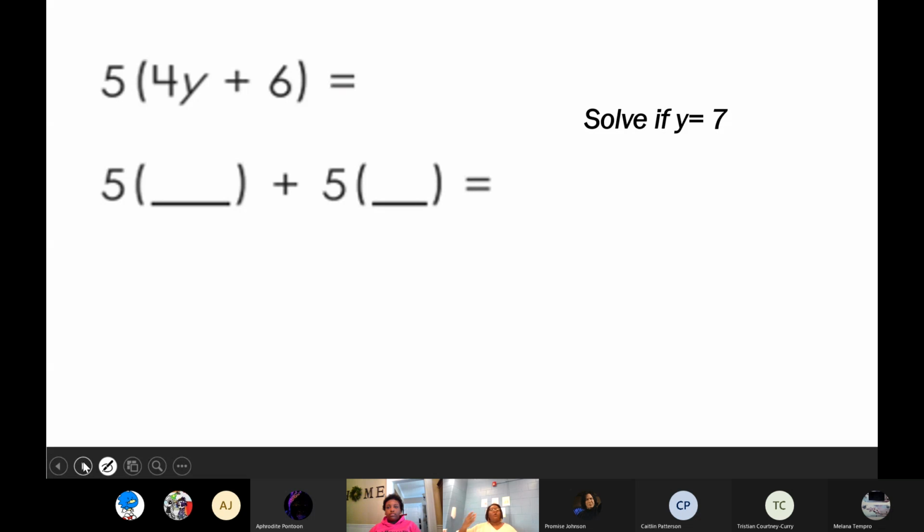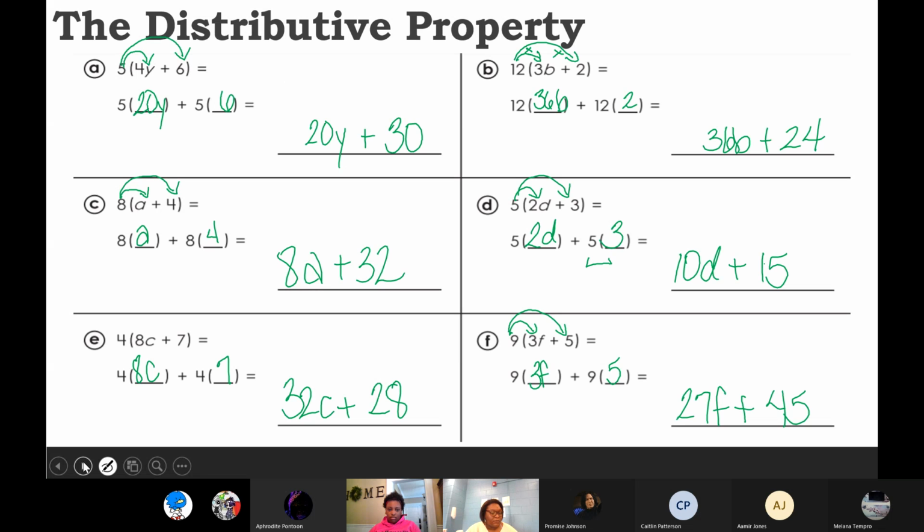So now let's work to solve this problem. We've already tried it. I'll go back here for a second. Sorry, I went so fast.